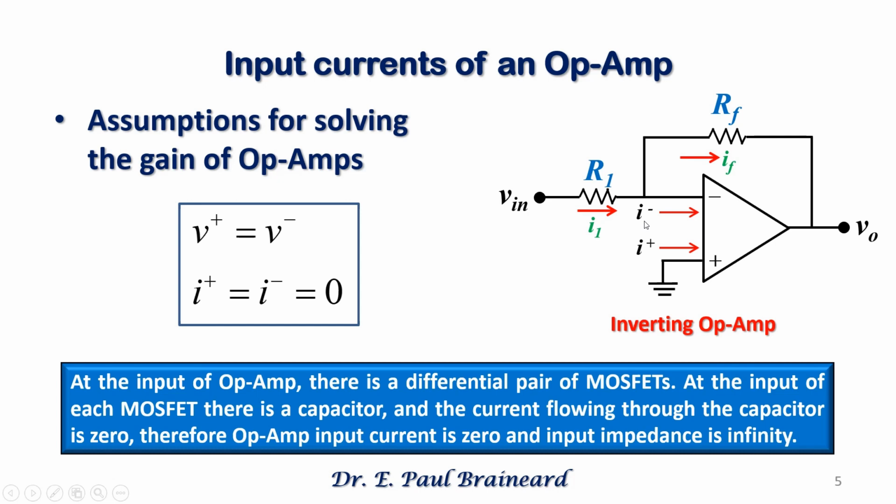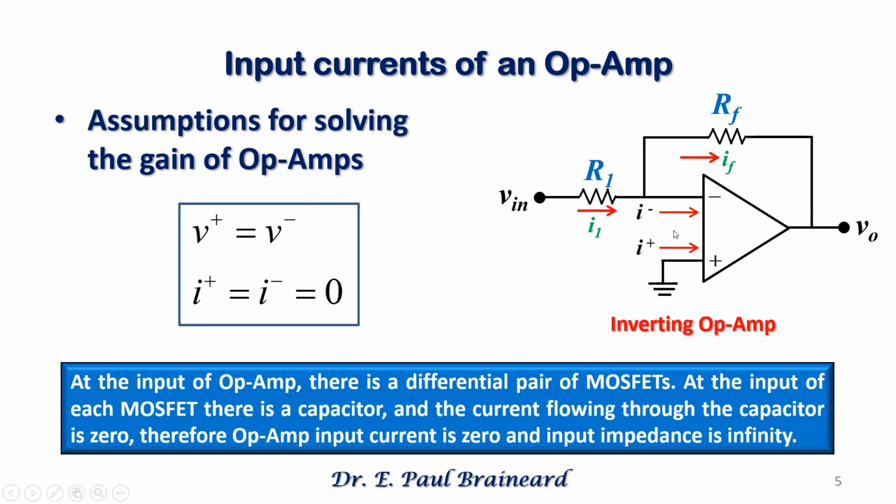The reason for that is, at the input of operational amplifier, there is a differential pair of MOSFETs. At the input of each MOSFET, there is a MOS capacitor, and the current flowing through this capacitor is ideally 0. Therefore, input current of op-amp is 0 and the input impedance is infinity.